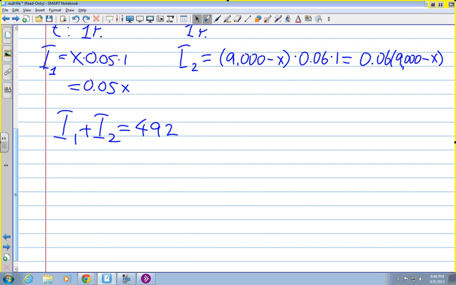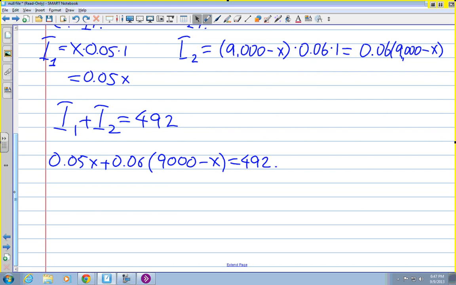That's given, right? So then just fill in the blanks: 0.05x plus 0.06 times (9,000 minus x) equals 492. And that is a linear equation, right? And I don't have to get rid of those decimals. We can deal with that. I can just start solving this thing.